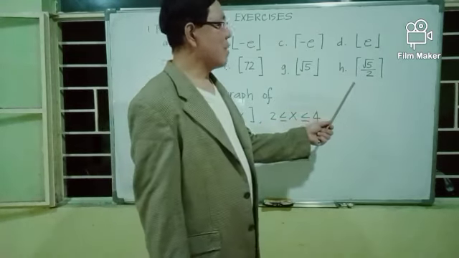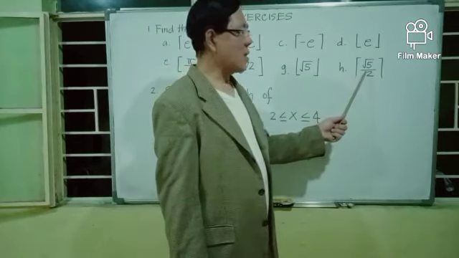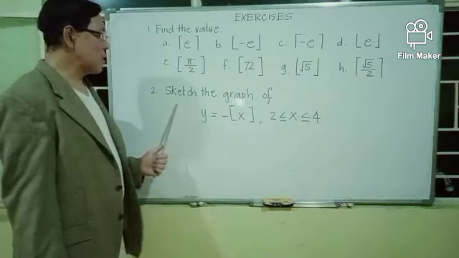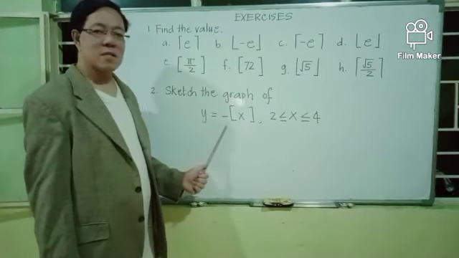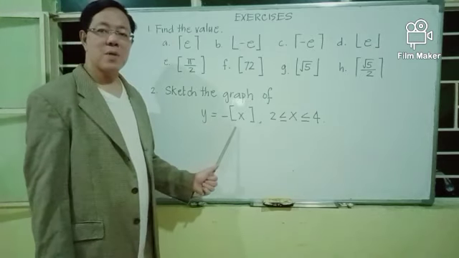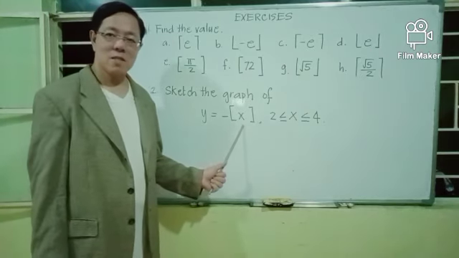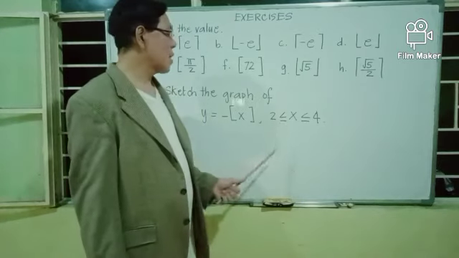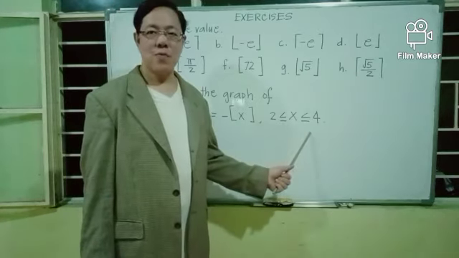And H, you want the value of the ceiling of the square root of 5 over 2. And for number 2, sketch the graph of this greatest integer function: y is equal to the negative of the floor of the real number x, where x is in the closed interval from 2 to 4.